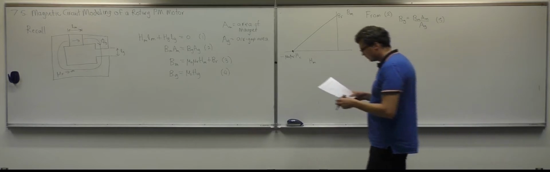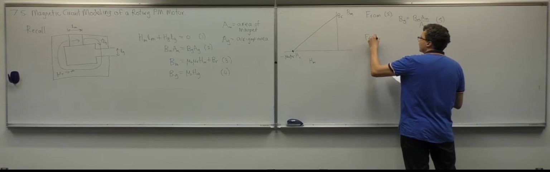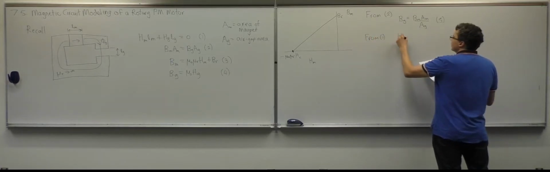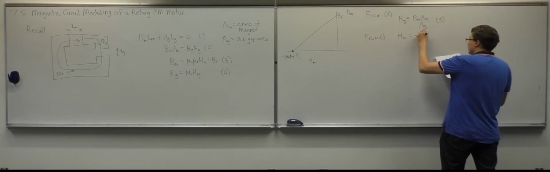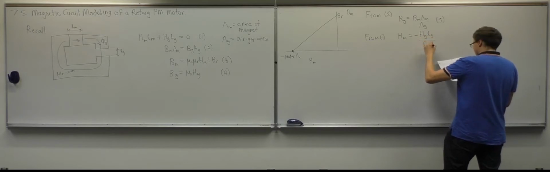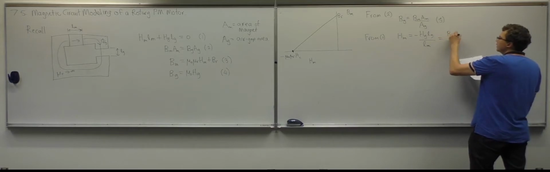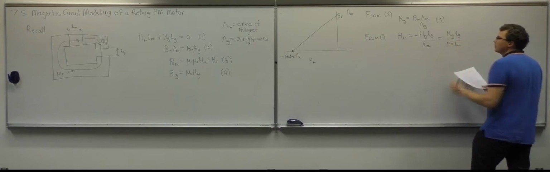And then from 1 we can rearrange 1 in terms of Hm. That will give us minus Hg Lg divided by Lm, or Bg Lg over mu naught Lm.